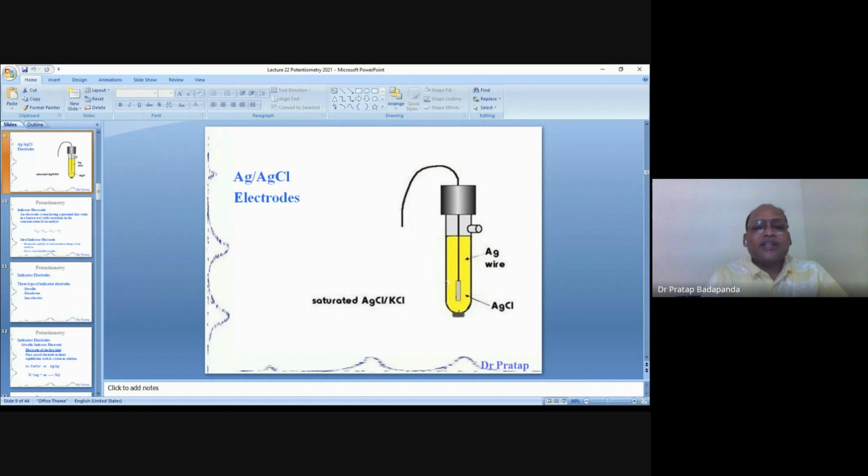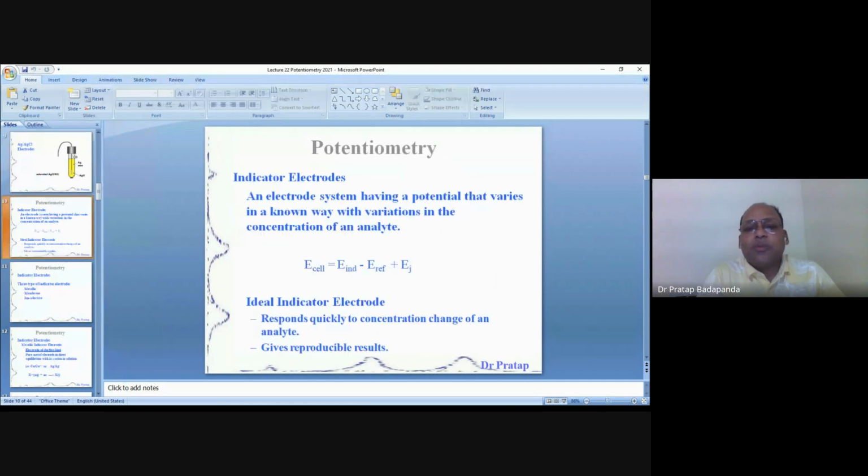Okay. Now next, potentiometry, indicator electrodes. What is the indicator electrode?